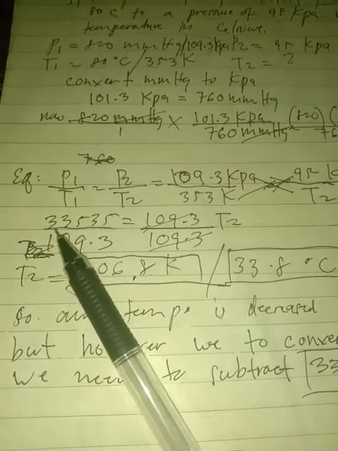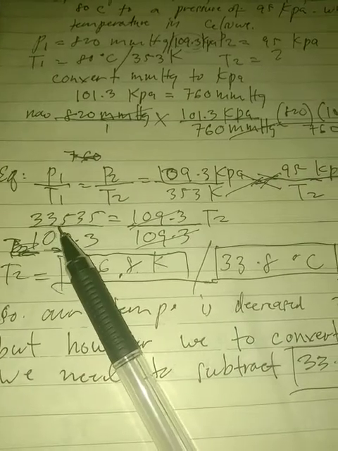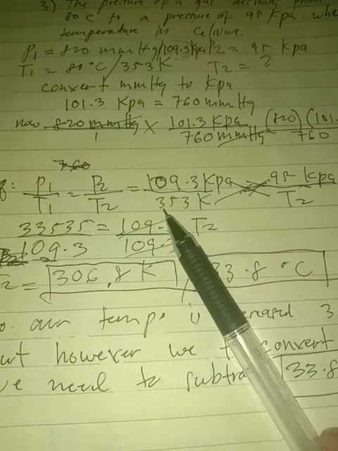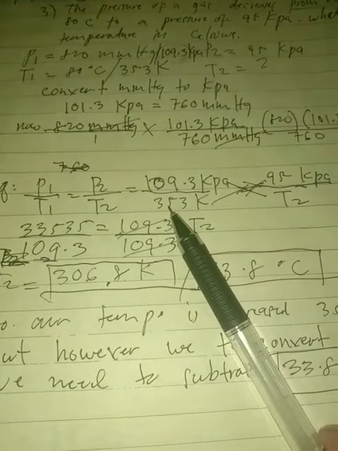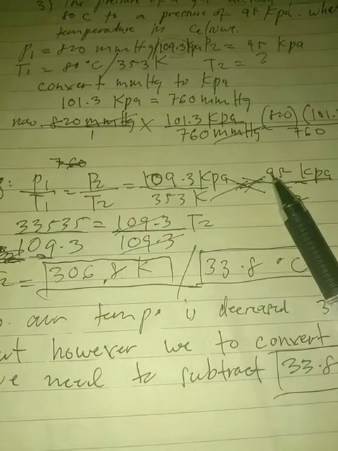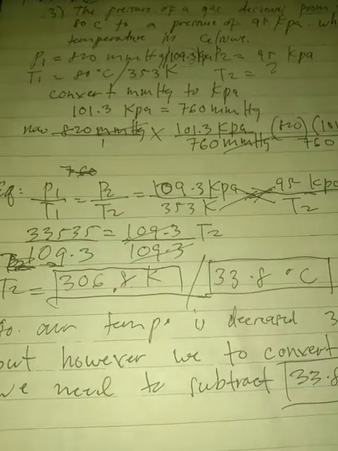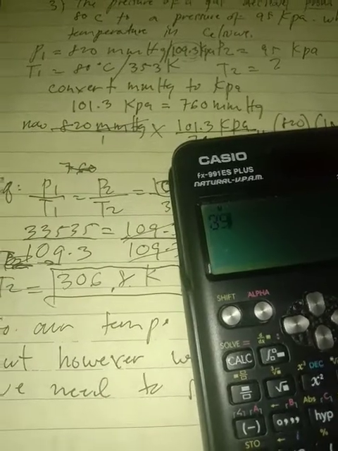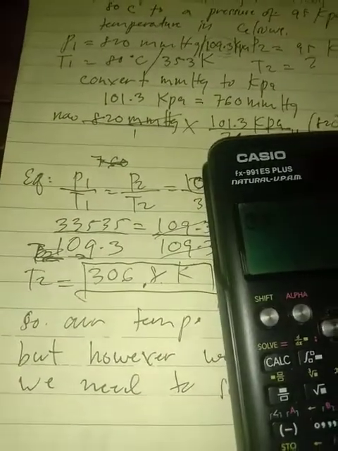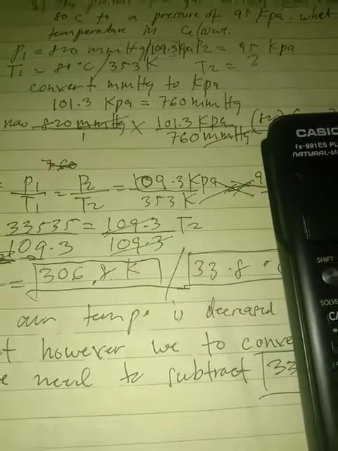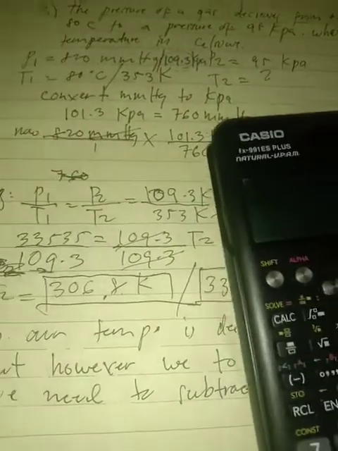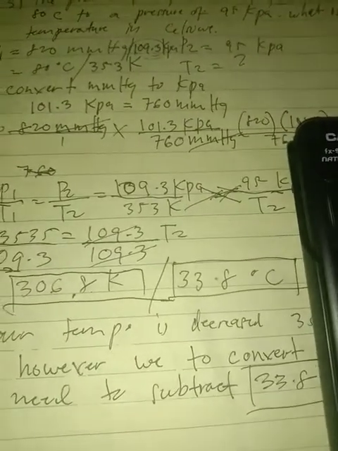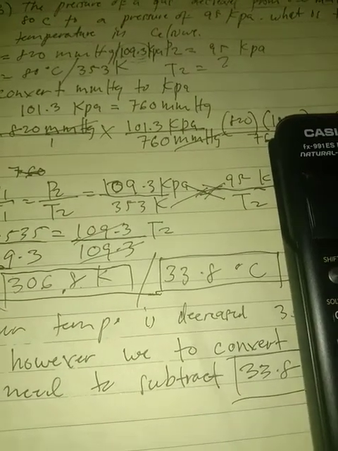Before that, we are going to cross multiply. 353 times 95.